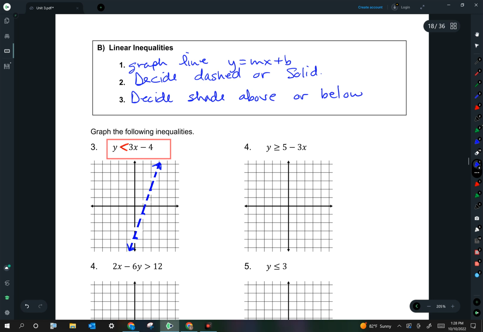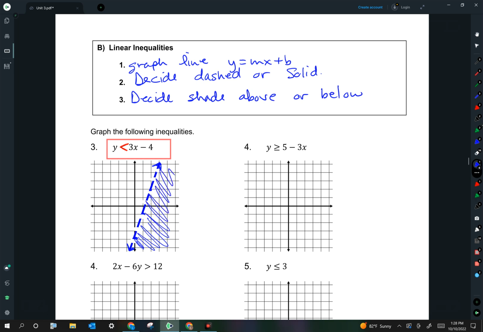The way you decide is, again, you look at the inequality. It's a less than. Less than means lower, so you're going to shade below the line. When I look at this line, the part of the graph that's below the line would be all of this. So I shade this part.